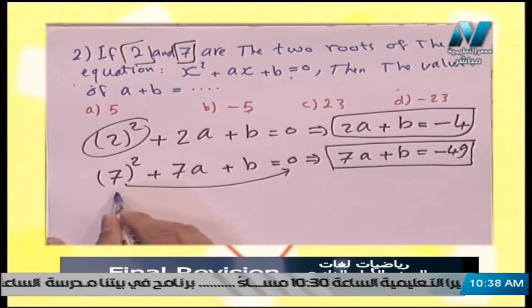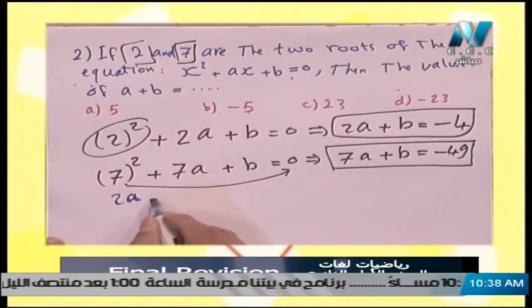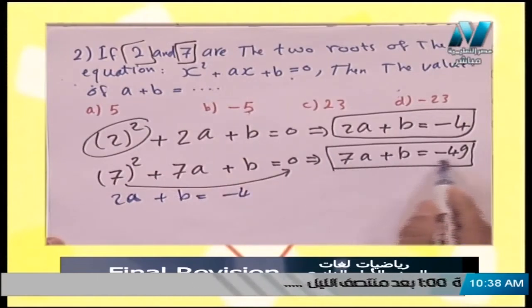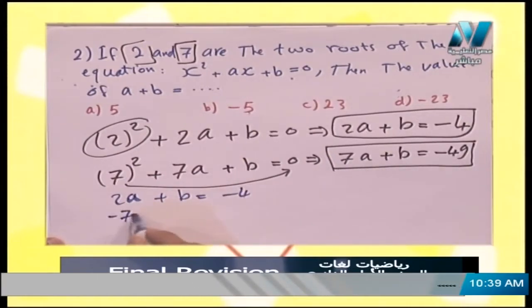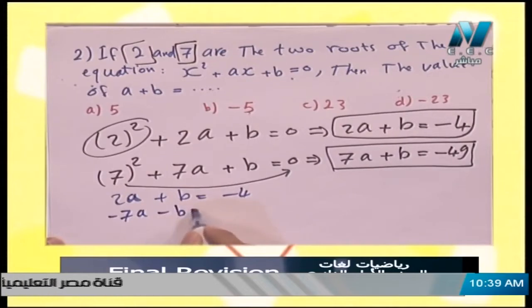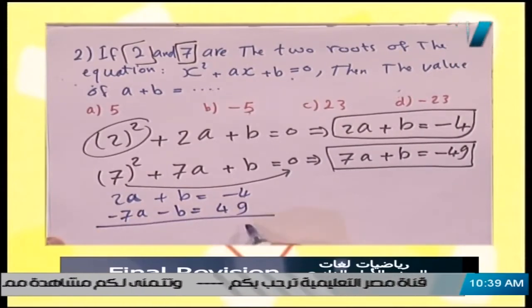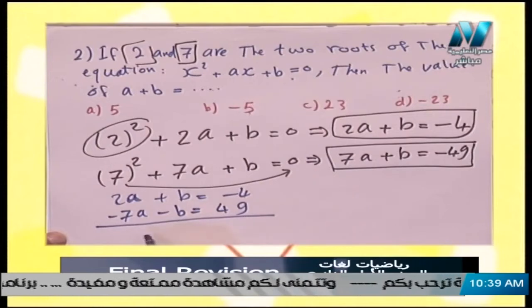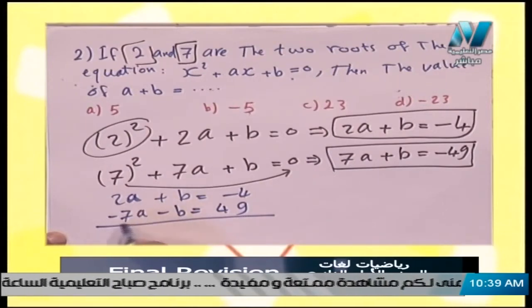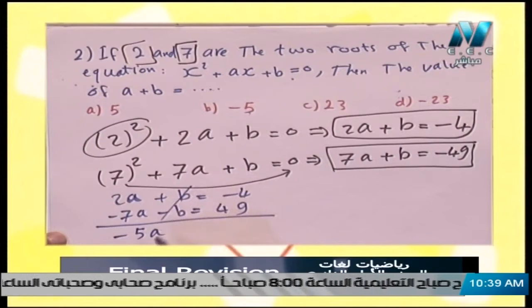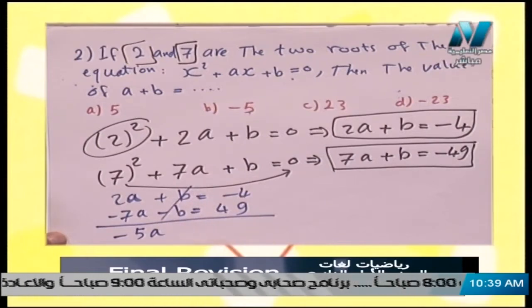The first equation here, 2a plus b equals negative 4. Negative 1 times this one equals negative 7a minus b equals positive 49. And then by adding, 2a minus 7a equals negative 5a. And you cancel positive b with negative b.